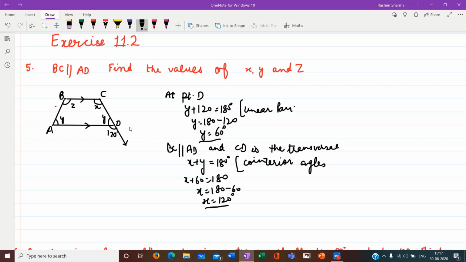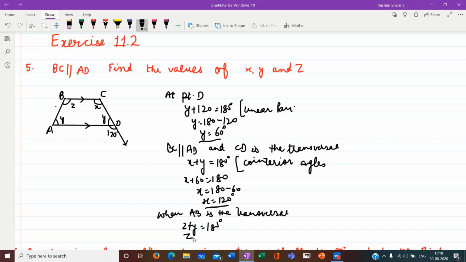Now if here y has value 60 degree, it means there also y is 60 degree. Now same way, when AB will be the transversal, we will have z and y as co-interior angles. So we will write here when AB is the transversal, z plus y is equal to 180 degree.